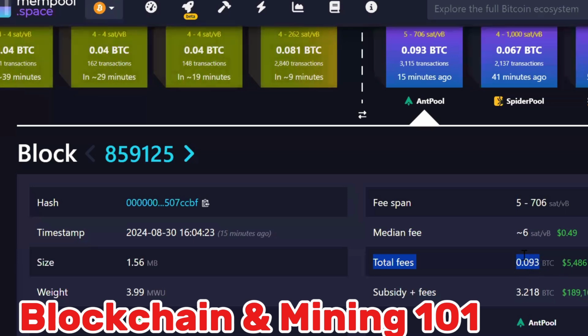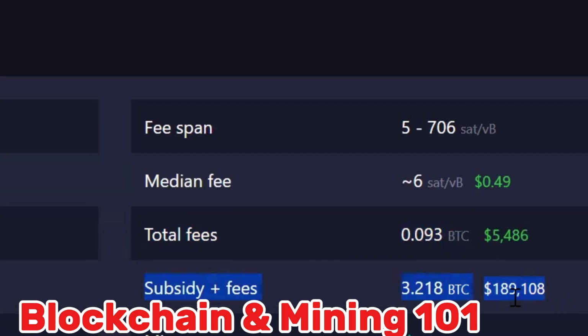This is what people in total, so the 3,000 transactions in total, paid the miner as a toll fee, let's say, of $5,000 or 0.093 Bitcoin. But then you see here, the total subsidy and fees is what the miner itself was rewarded.